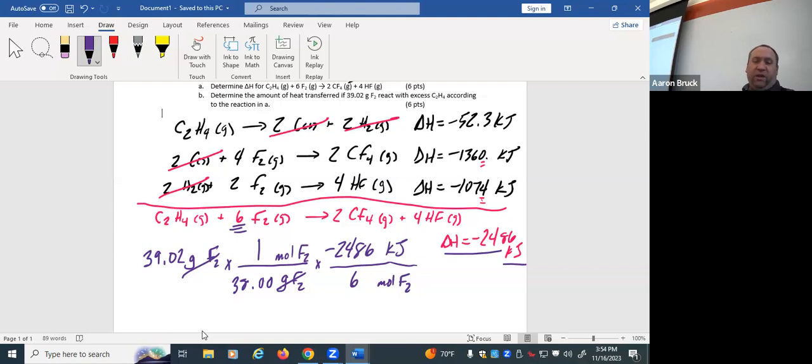All that we are doing here is we are just kind of realigning that 2,486 kilojoules to the amount of fluorine that we have. So we don't have 6 moles of fluorine. We have what looks to be just a little bit over 1 mole of fluorine. And so we make that adjustment with this conversion.